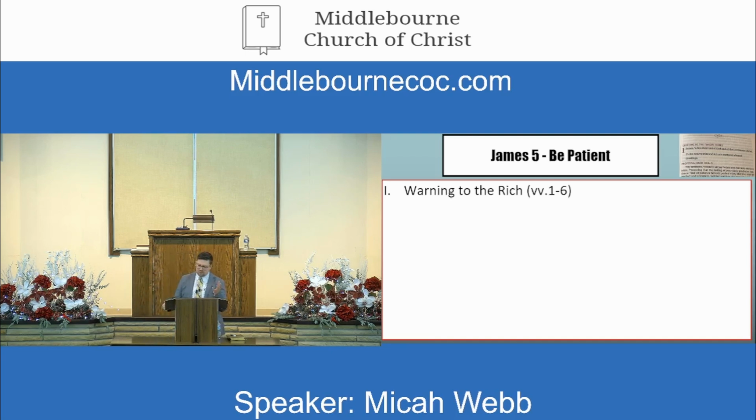And the reason is, look at verse 6, but you have dishonored the poor man. Do not the rich oppress you and drag you into the courts? Do they not blaspheme the noble name by which you have been called? And so we already know there's some oppression. Going back to chapter 1, count it all joy when you fall into various trials.